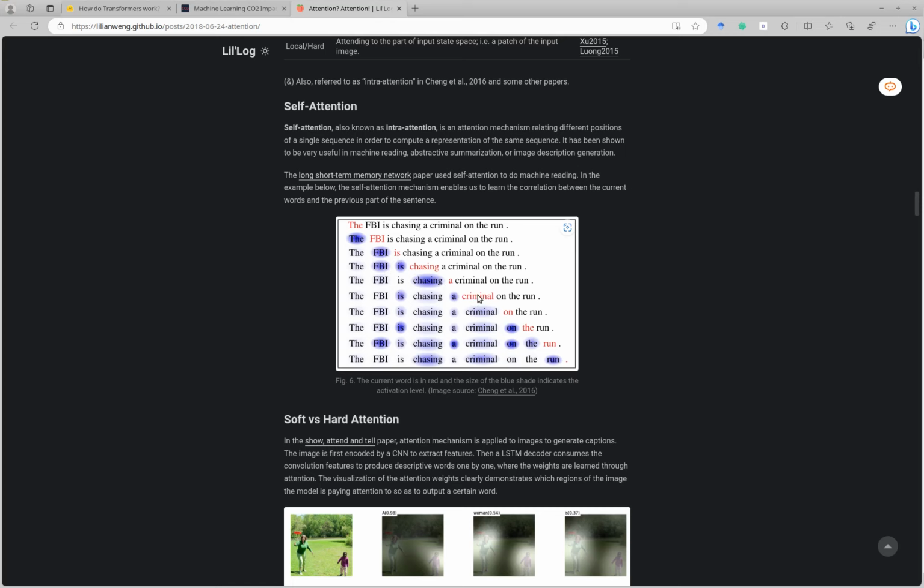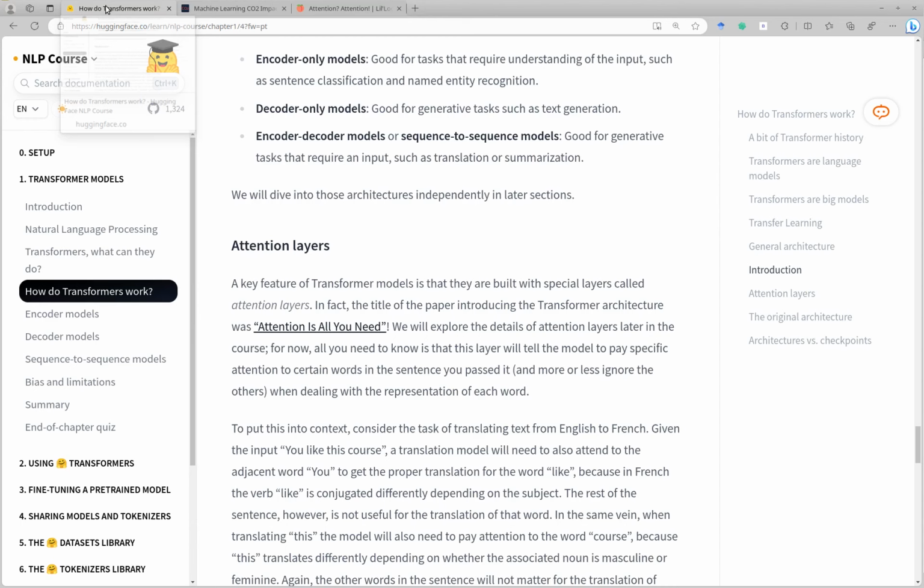When we are at criminal, attention is on it, and so on. So when we are moving, the attention is also shifting. In this way, attention of a word in a sentence can be manipulated, which is a very helpful concept for further advancement in natural language processing.